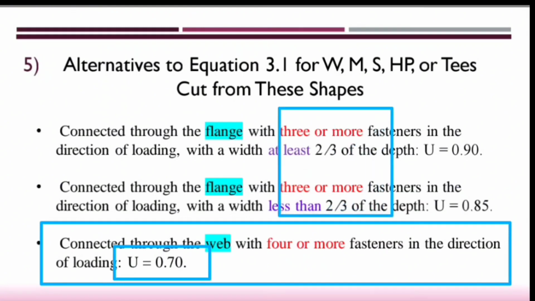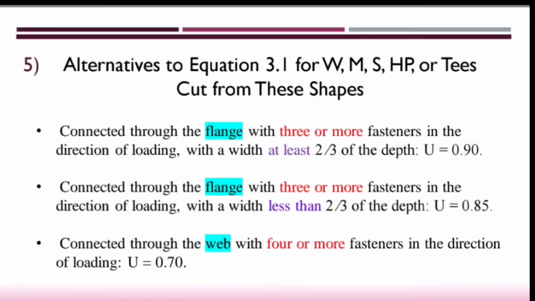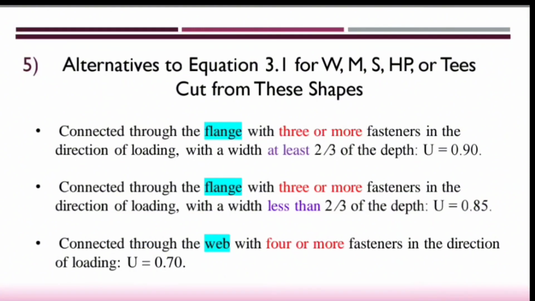For this, if 4 or more fasteners are connected in the web, then we only use directly the reduction factor 0.70.